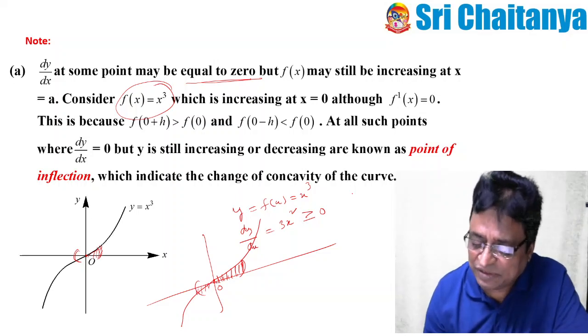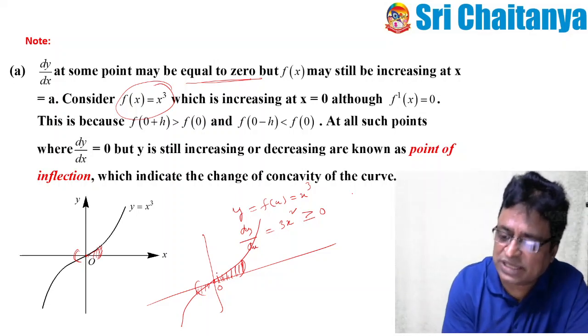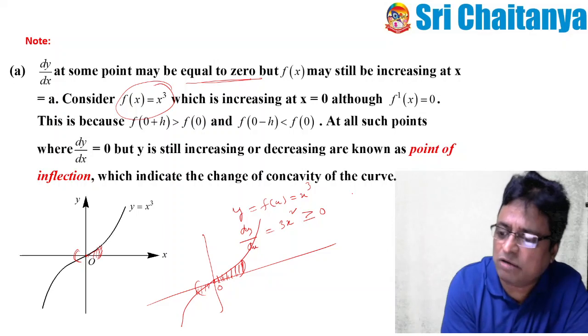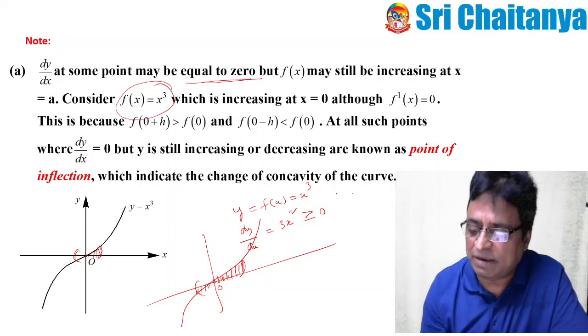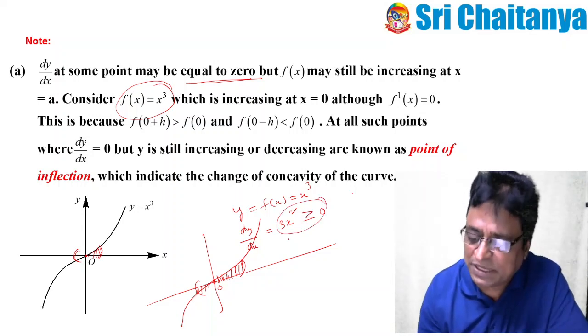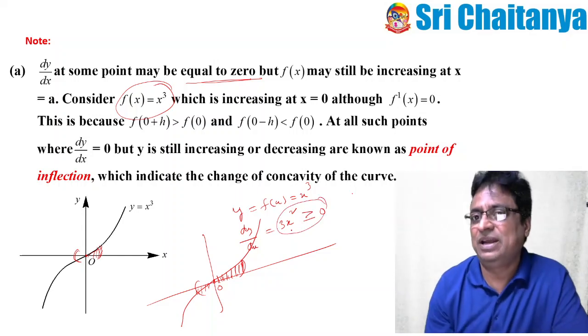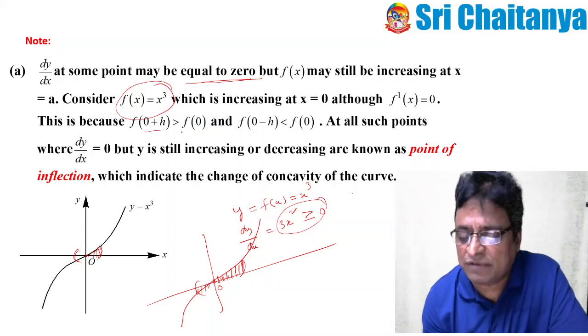So what happens here if x is passing through all values from left to right through 0? dy by dx is always greater than 0, and at x is equal to 0, what happens? 0. For all values more than 0, it is always greater than 0.